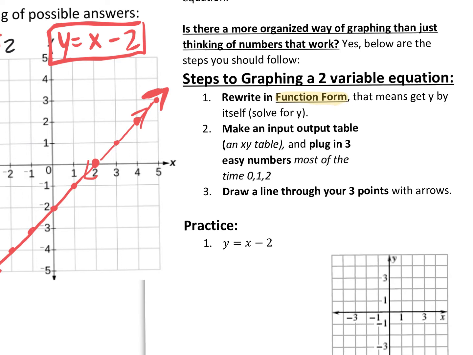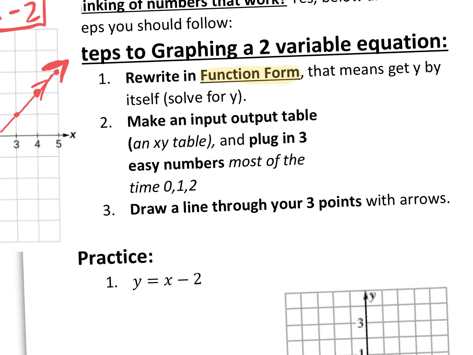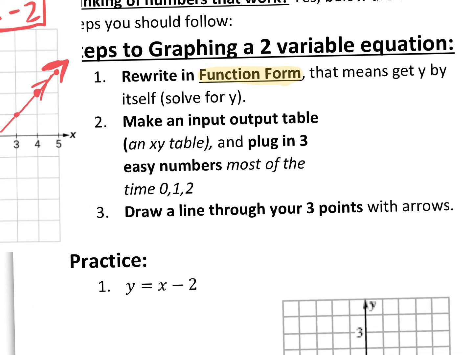So it says, rewrite it in function form, solve for y. We already did that. We got y by itself, y equals x minus 2. Number 2, make an input-output table, an xy table. Okay, and then it says plug in 3 easy numbers, most of the time 0, 1, and 2. So what does an input-output table look like? Let's put that on pause for a little bit. Let's zoom in right here, and I purposely left space for you to draw something right here.